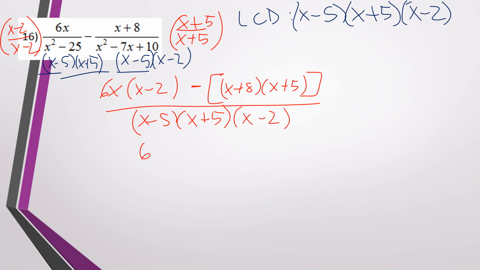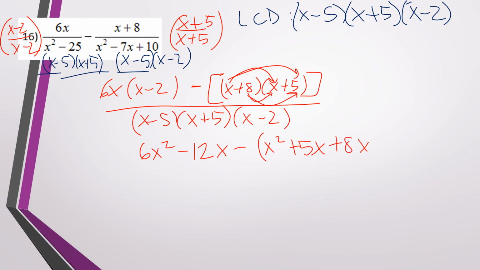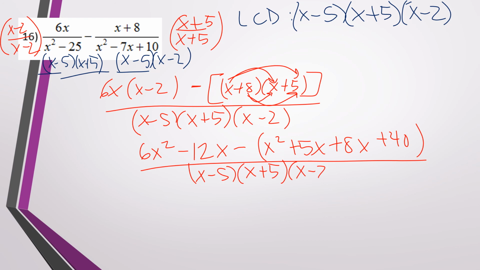6x times x is 6x squared. 6x times negative 2 is negative 12x. Then I'm going to subtract this whole thing. x times x is x squared. x times 5 is 5x. 8 times x is 8x. 8 times 5 is 40. And then it's all over the LCD. Then I need to distribute. And I can combine these two to make 13x.